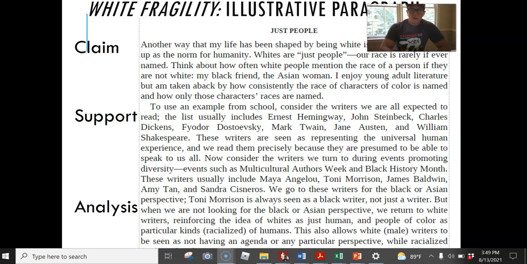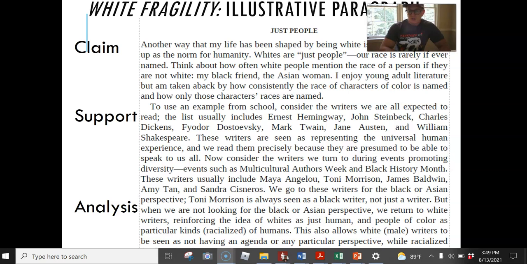Now consider the writers we turn to during events promoting diversity, events such as Multicultural Authors Week and Black History Month. These writers usually include Maya Angelou, Toni Morrison, James Baldwin, Amy Tan, and Sandra Cisneros. We go to these writers for the Black or Asian perspective. Toni Morrison is always seen as a Black writer, not just a writer.